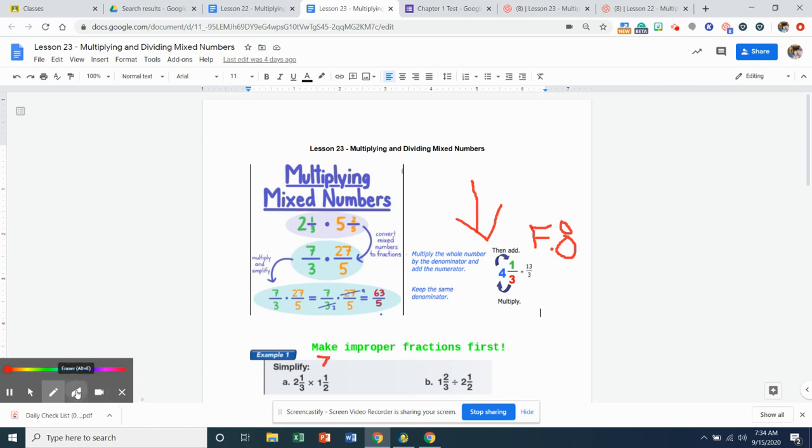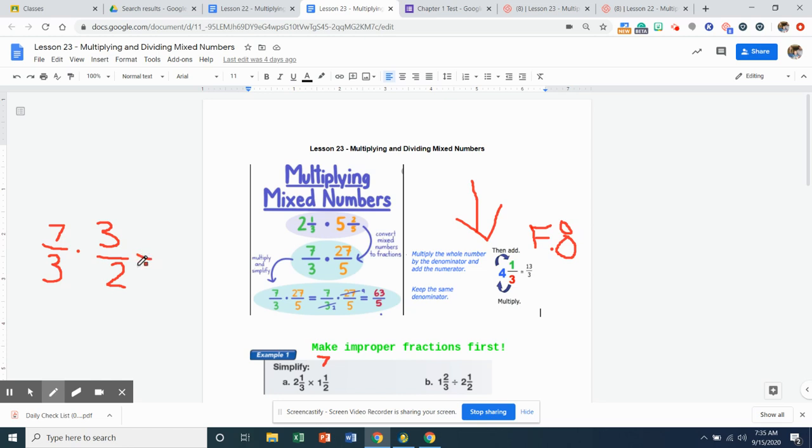I'm actually going to move it over here in my white space. 7 over 3 times 2 times 1 is 2. 2 plus 1 is 3. 3 over 2. Keep your denominator the same.